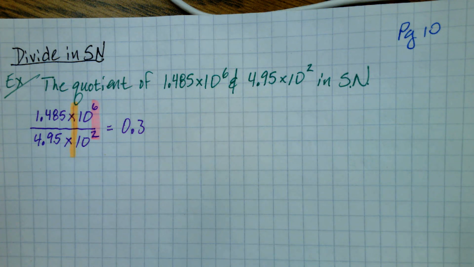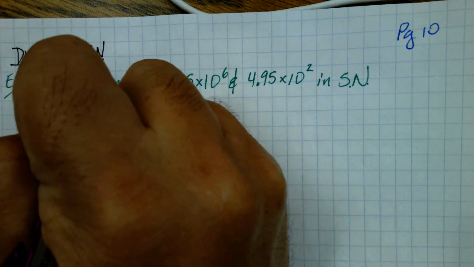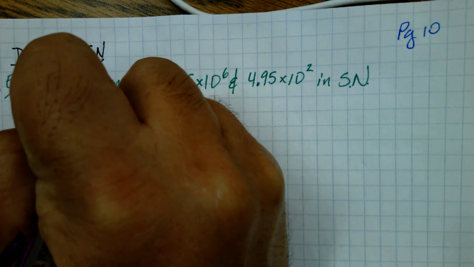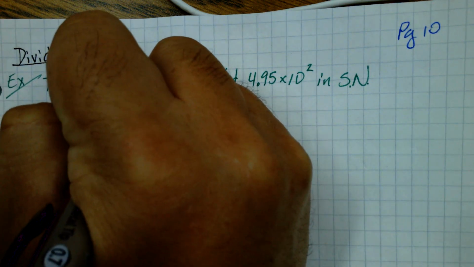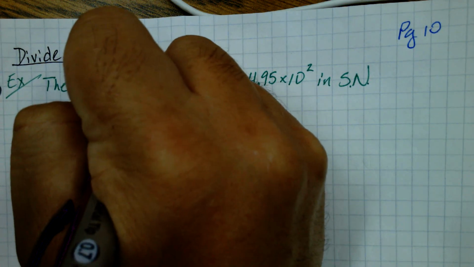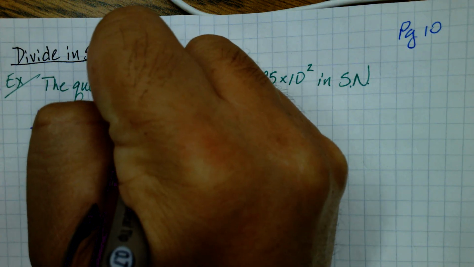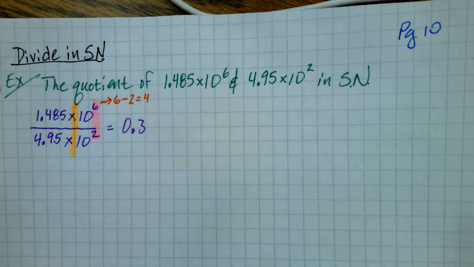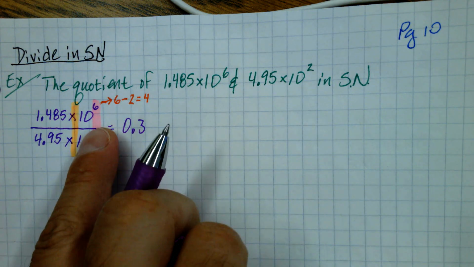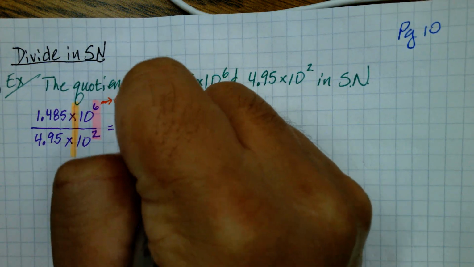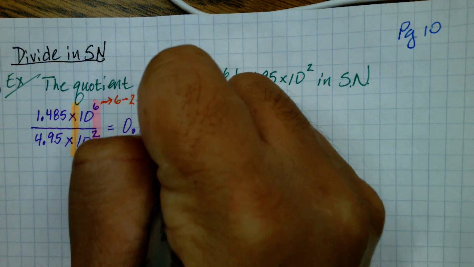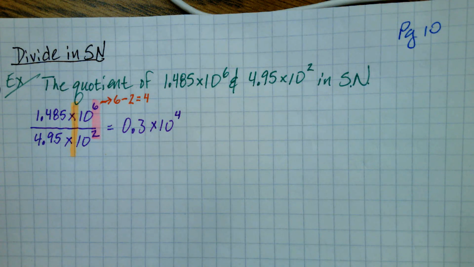Got to subtract those exponents. So the math problem I get here is the first number, which is 6, minus the second number, which is 2. And that's going to give me 4. So what that tells me is 10 to the 6th divided by 10 squared is 10 to the 4th. So now our answer is 0.3 times 10 to the 4th.